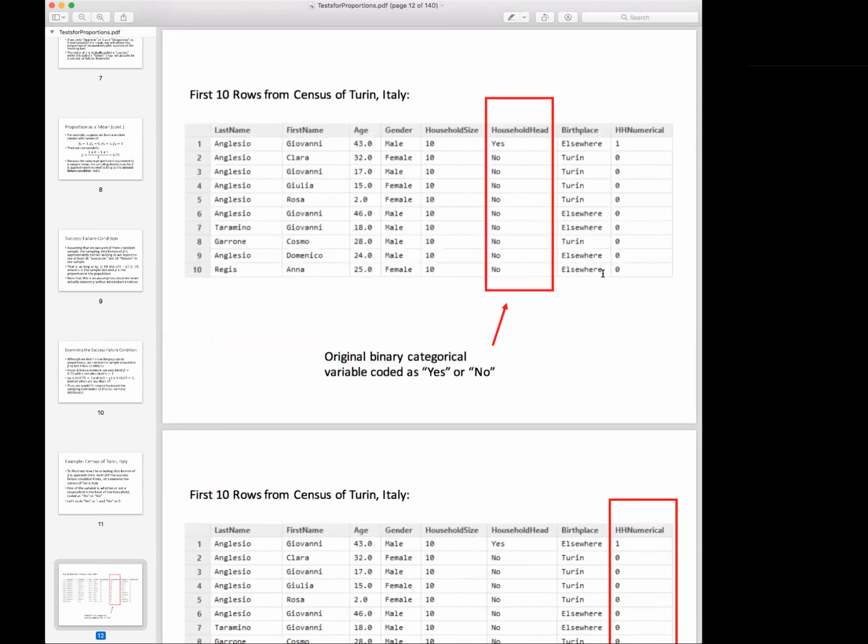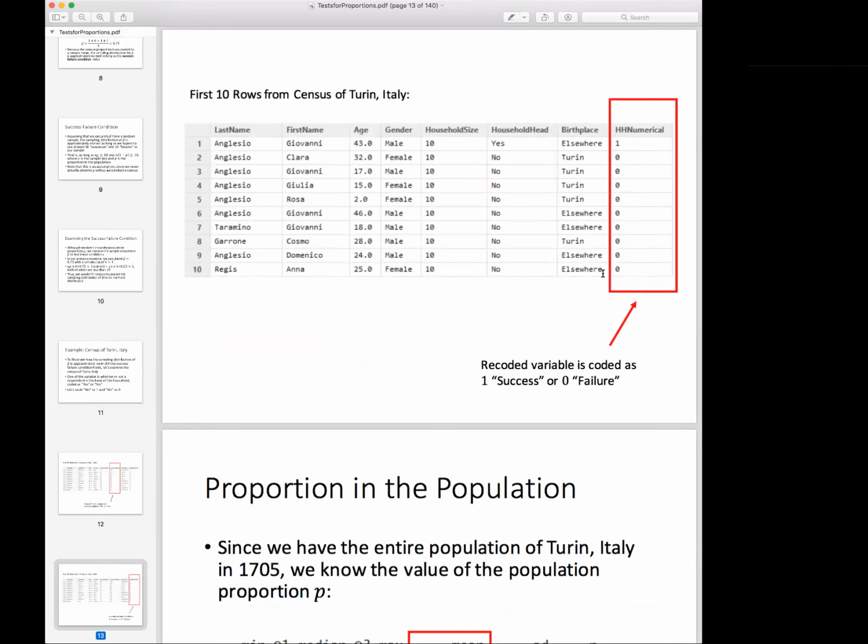In this example, we're looking at census data from Turin, Italy, and we have a categorical variable, one that's coded binary as yes or no. What we can do is represent a yes as 1 and no as 0.